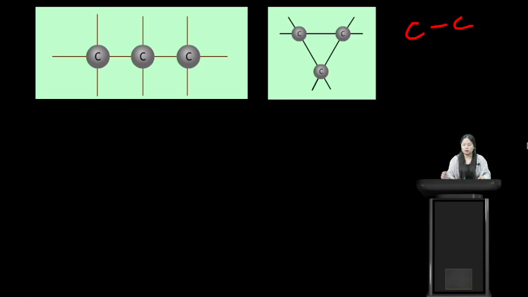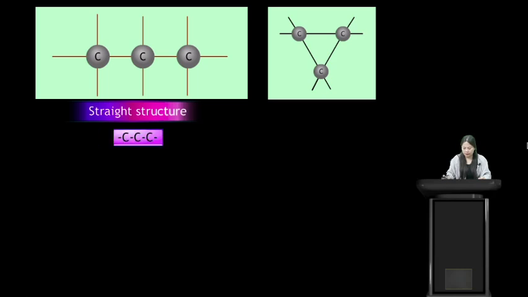So here we have 3 carbon atoms in a straight chain and 3 carbon atoms in a ring structure.